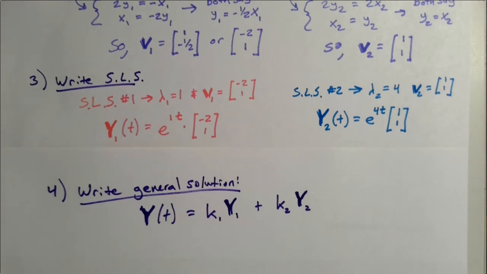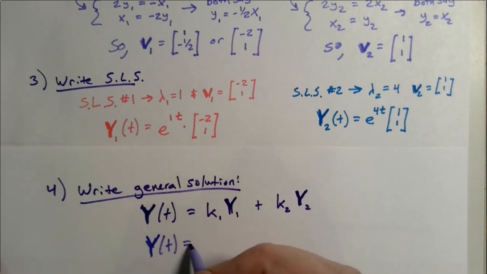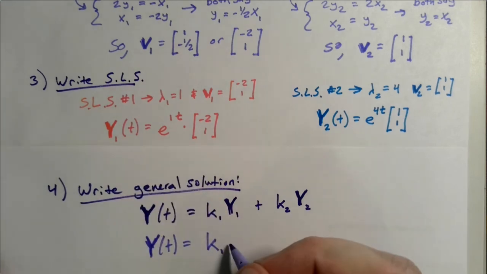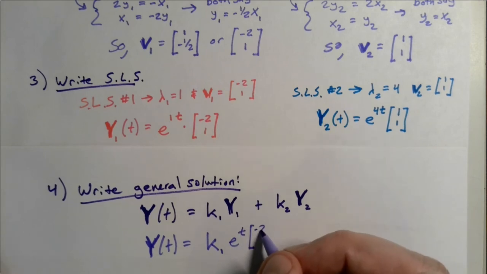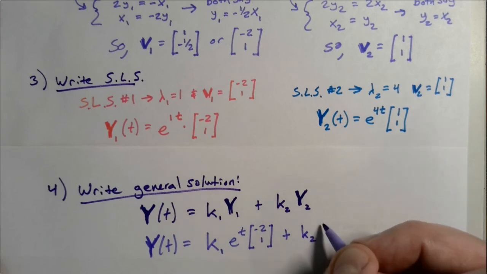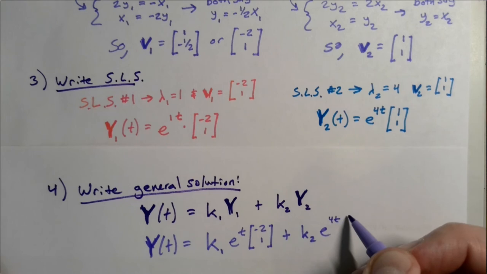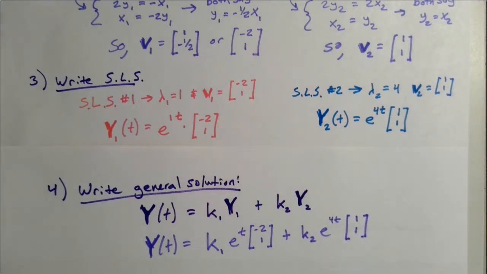So let me scoot this up, because I'm going to write down underneath, our general solution is going to be of the form y of t equals some constant, which we don't know, times my y1, which is this guy right here, e to the t, times its vector, -2, 1, plus another constant, times e to the 4t, times its eigenvector, and we are done.